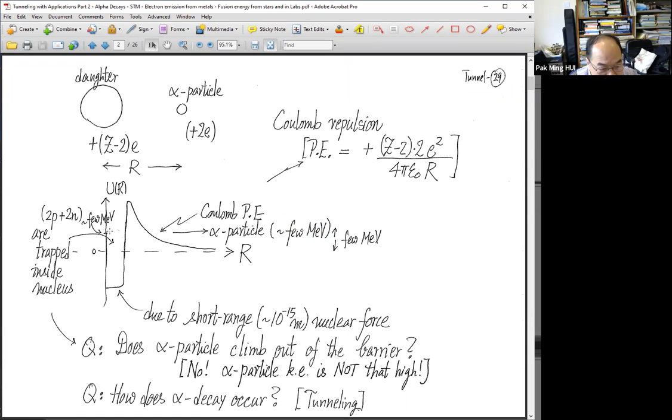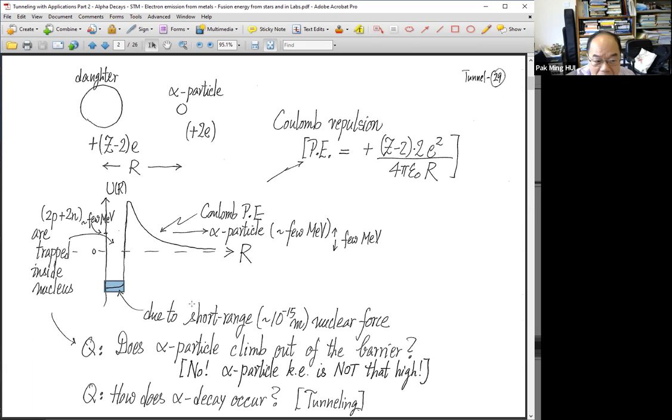So the situation is that the alpha particle is trapped inside the nucleus. It does not have sufficient energy to surmount, to go over the barrier. Nonetheless, occasionally, it comes out, okay? And the barrier width is about the radius of a big nucleus, about 10 to the minus 15, 10 to the minus 14 meter. That's about the right size, okay?